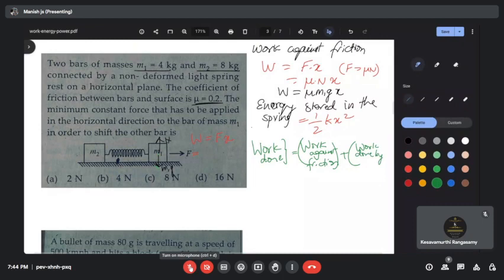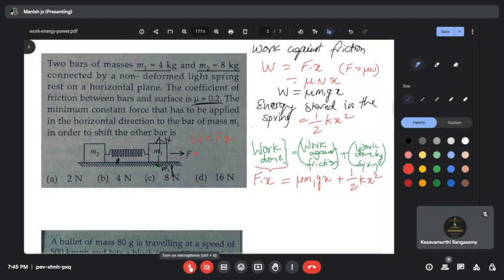We can simply put it as work done by the spring, because energy and work have the same unit, joules. So work done, F into X, is equal to work done against friction, which I've already written as mu m1 gx, plus work done by the spring, which is the elastic potential energy stored in the spring, half kx squared. Simple.